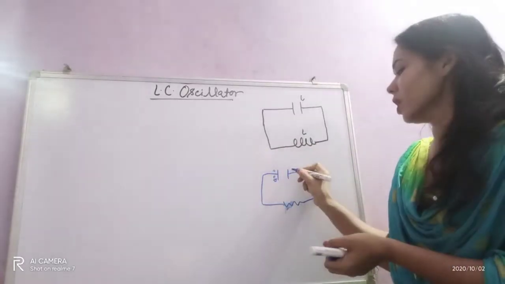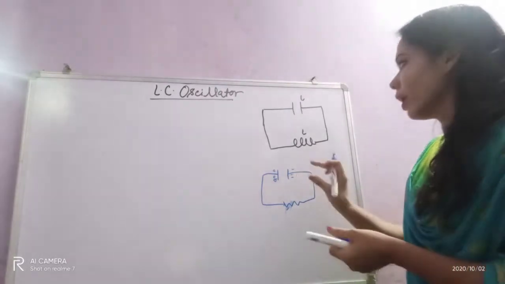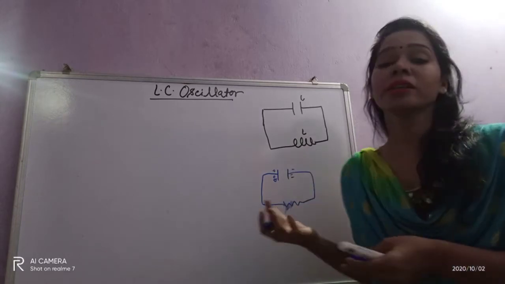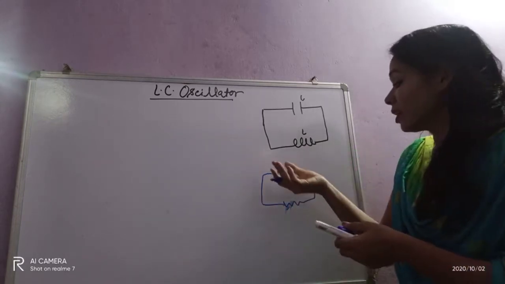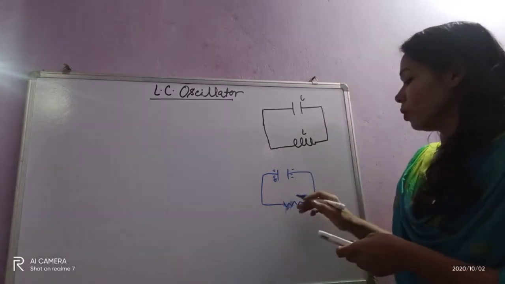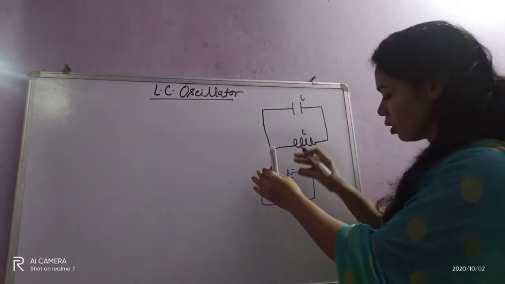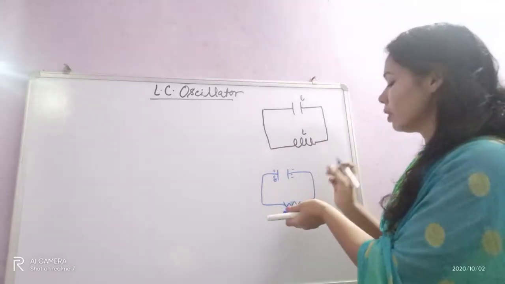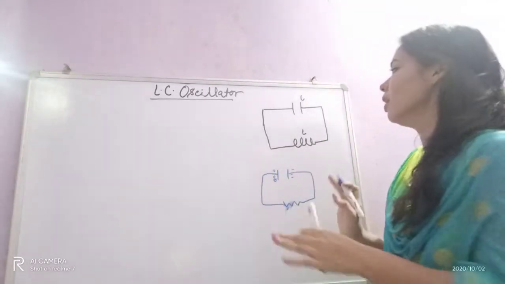This one is positively charged, this one is negatively charged. So a charged capacitor, by its nature, will provide maximum current through the circuit for a small interval of time, and it will lose its energy.